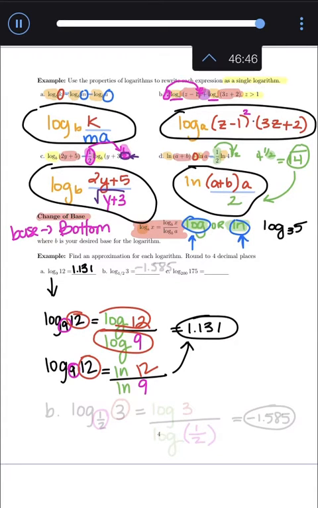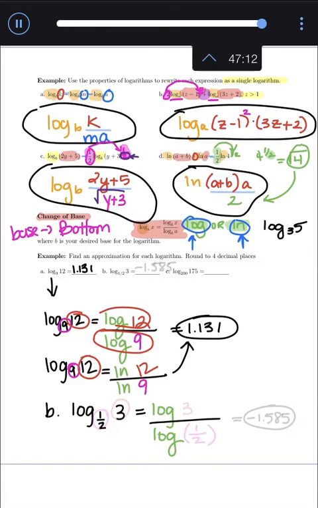Let's look at problem B. So for problem B, we have log base 1/2 of 3. So again, you can use LOG or natural log, it won't matter. So I'm going to go ahead and use LOG on the top and the bottom. Again, whatever you use, you have to use the same on the top and the bottom.